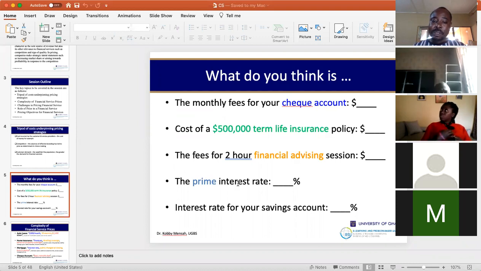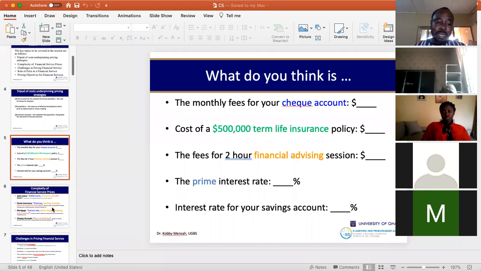Because don't forget, a check account, or a current account, has a checkbook, may have a Visa card, and may also have other pieces of services attached to them, including maybe a relationship manager, etc. So all these variables must be costed in order to come to a final conclusion of how much that particular service is.